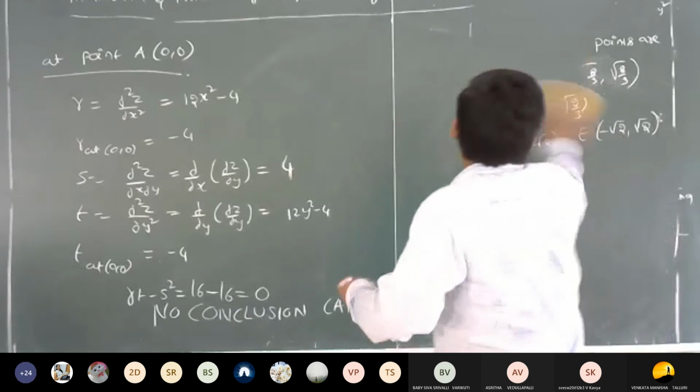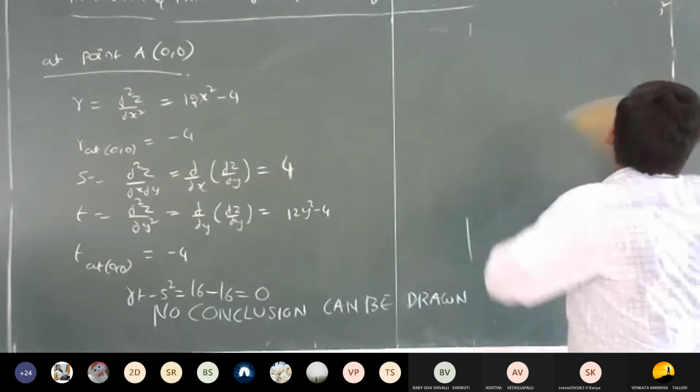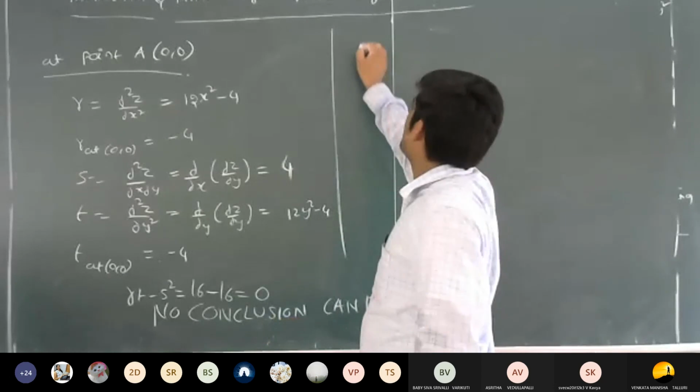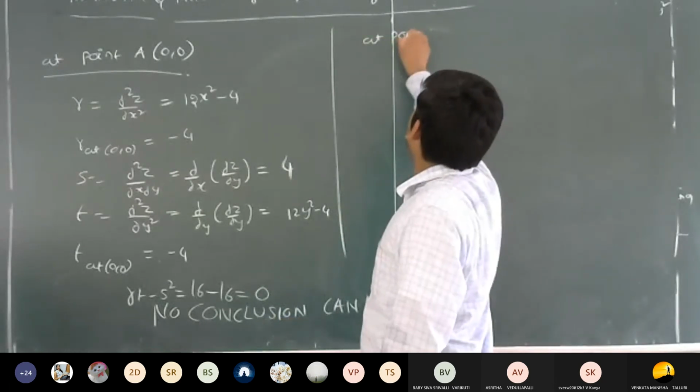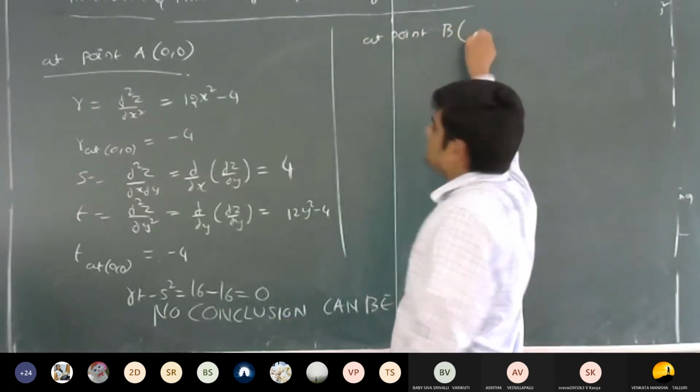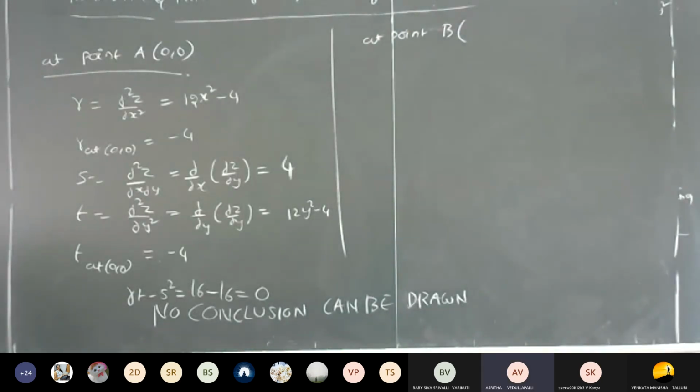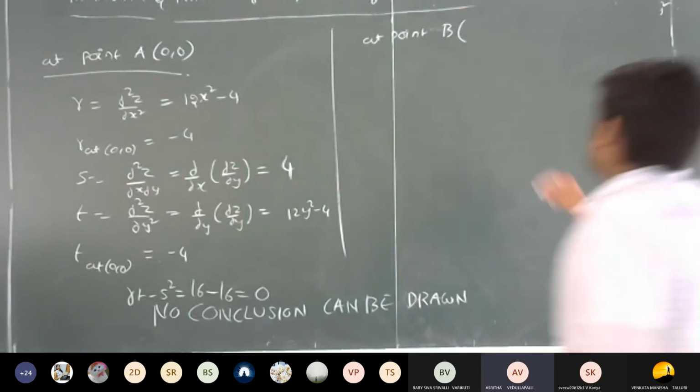So similarly, we can find the extreme values at the points B, C, D and E. Point B, what is point B? Root 2 by 3, comma root 2 by 3. Yeah, very good.